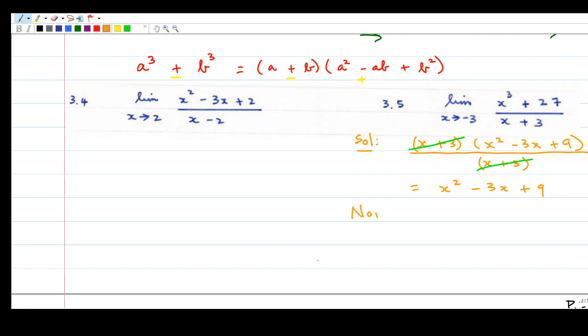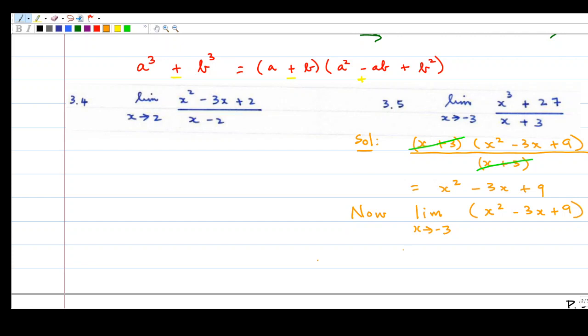So now the limit as x approaches -3 of x squared minus 3x plus 9, right? All of this goes in brackets because the limit is operating on each of those three terms.